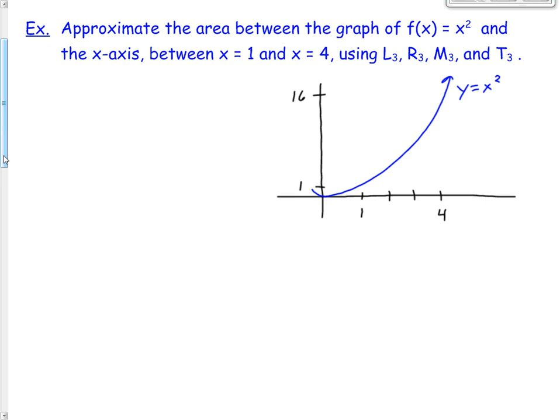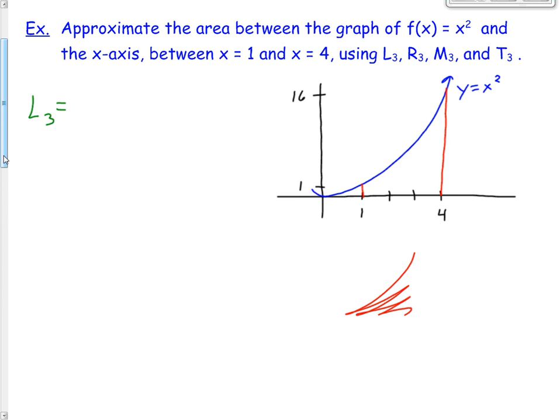Okay, so our first calculation is we're going to do L3. L3 means we're going to approximate the area under this curve and above the x-axis from x equals 1 to 4 using 3 rectangles, and the height of the rectangles will be determined by the left subinterval.